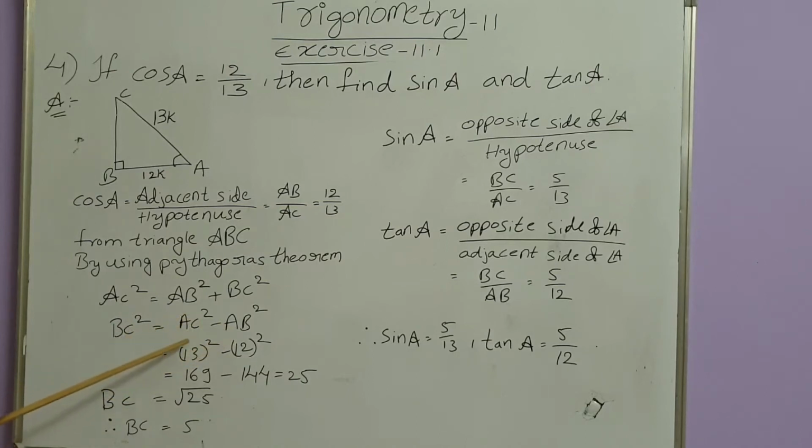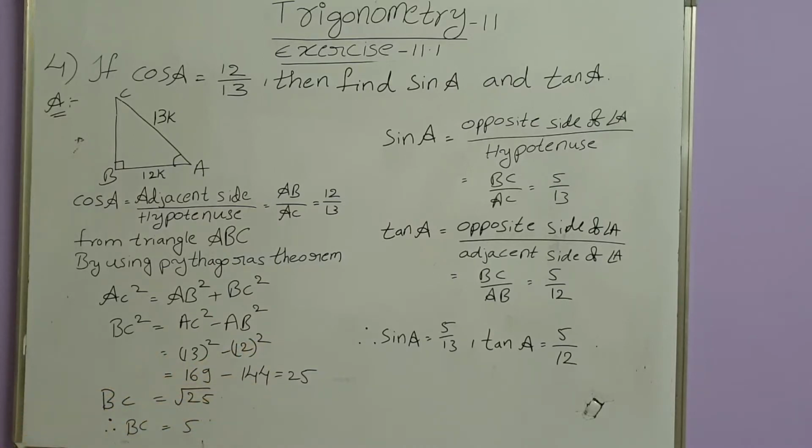And AC value is 13 whole square minus AB is 12 whole square. 13 whole square value is 169. 12 whole square value is 144. 169 minus 144 is equal to 25. This is BC square value is 25.